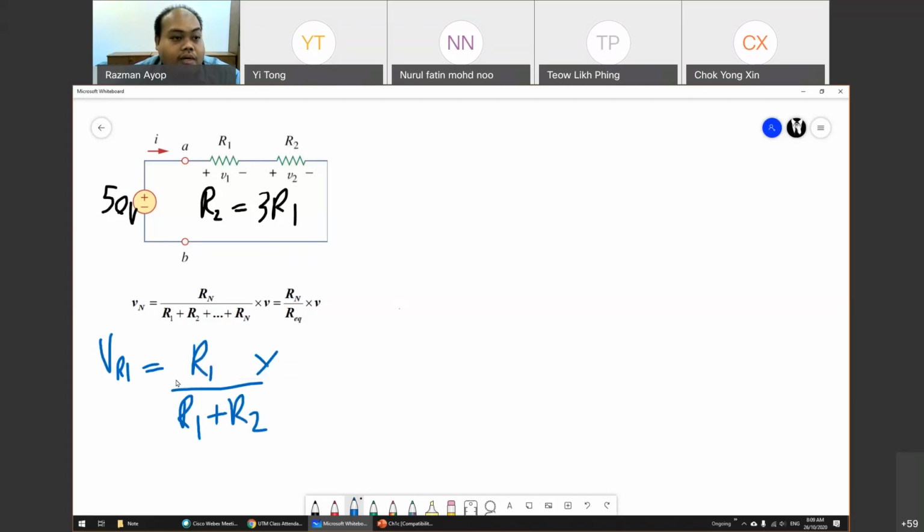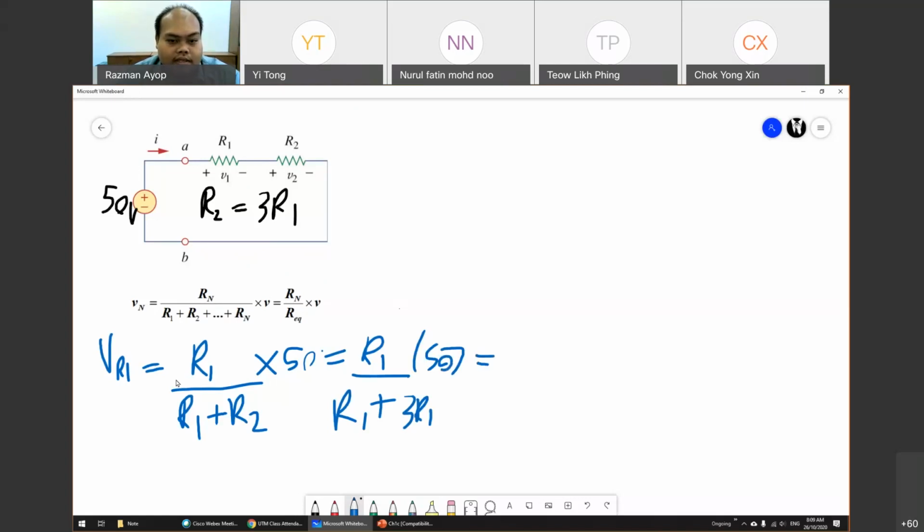Then don't forget to multiply by the voltage across the series, which for this case is 50. So for this example, use R1 divided by R1 plus R2, which is 3R1, times 50.